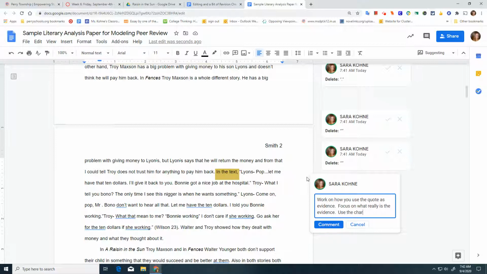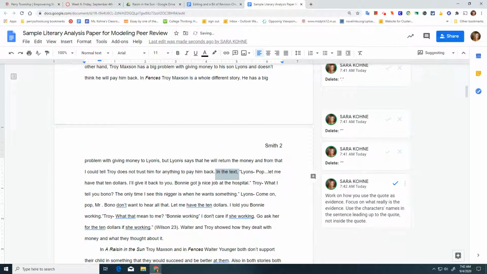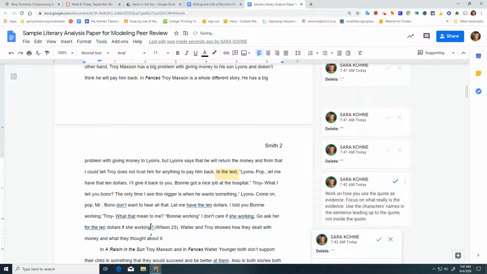Use the characters' names in the sentence leading up to the quote, not inside the quote. Okay, so if we look at all this evidence, yes, again, this writer obviously needs to work on that skill. Again, period only goes after citation. Walter and Troy both showed how they dealt with money and what they thought about it.